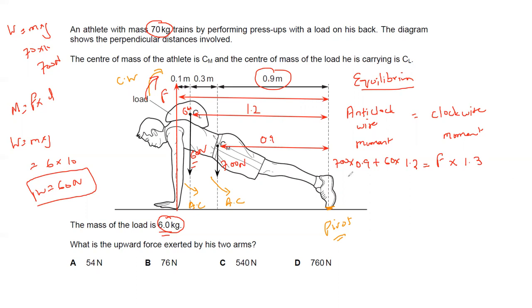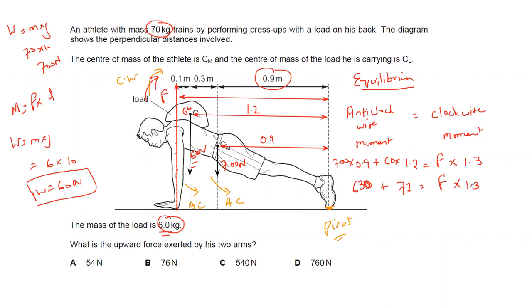Then we will solve 700 multiplied by 0.9. That's equal to 630. So this is 630 plus 60 multiplied by 1.2 equal to 72, and F multiplied by 1.3.